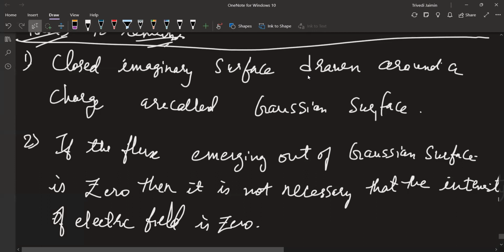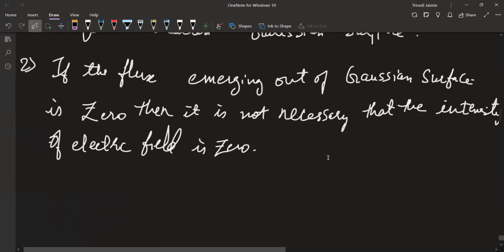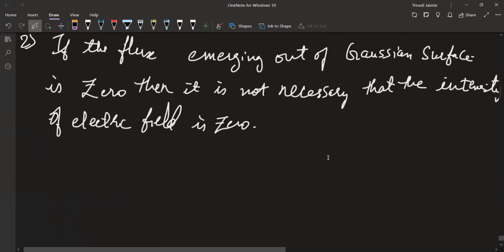See, flux is 0, it's not necessary that electric field will be 0. It's never necessary.